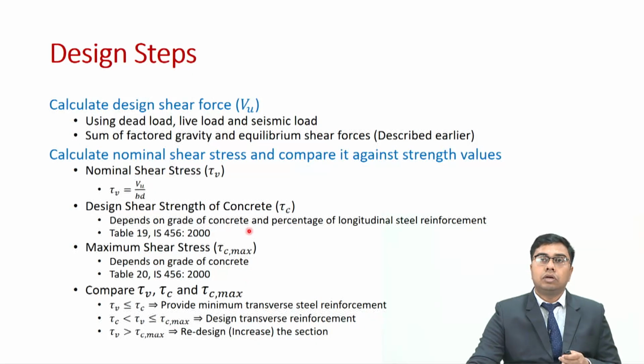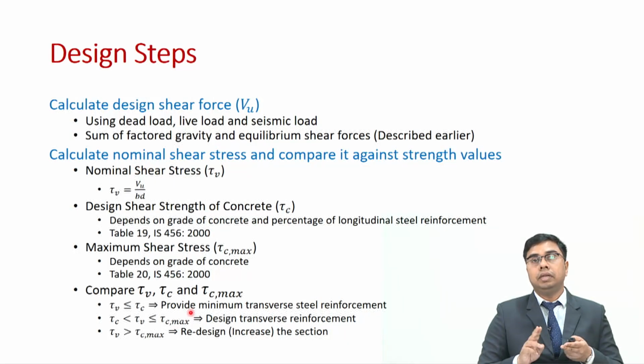Now if your tau v, which was demand, is less than or equal to tau c, then you do not need to provide any transverse steel reinforcement, but you need to provide some minimum transverse steel reinforcement as per the codal guidelines. If your tau v is somewhere between tau c and tau c max, then you need to design your transverse reinforcement.